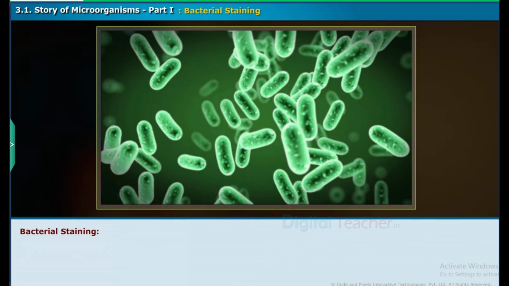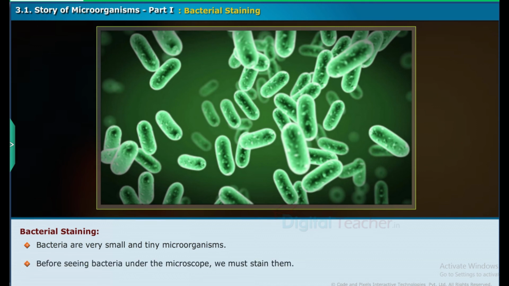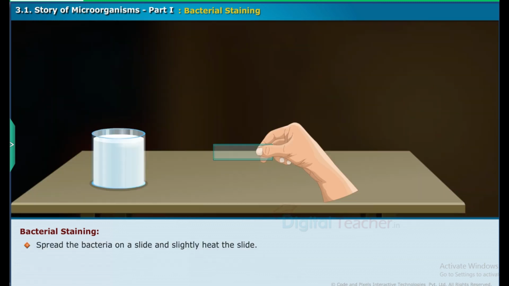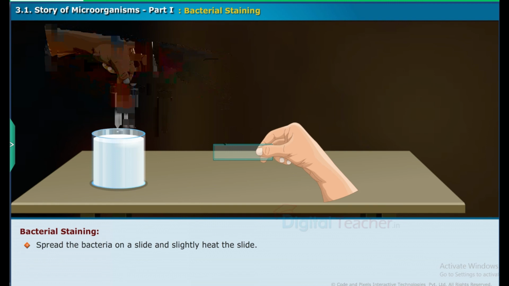Bacterial staining. Bacteria are very small and tiny microorganisms. Before seeing bacteria under the microscope, we must stain them. Spread the bacteria on a slide and slightly heat the slide.